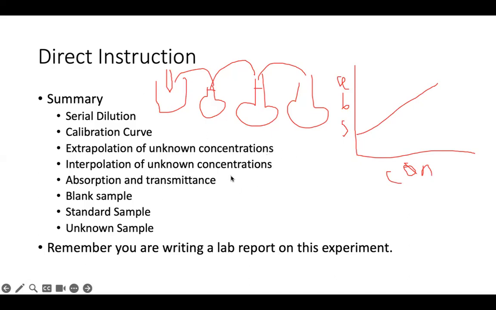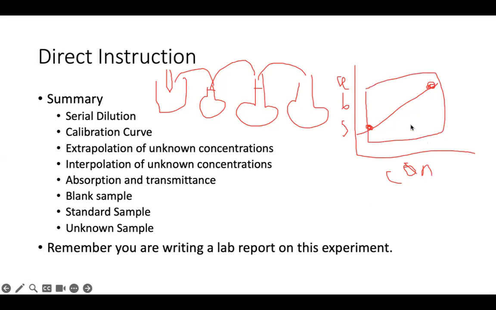There is a difference between extrapolation and interpolation. What we want to focus on is called interpolation, which is within the data. On our line of best fit, if we have standard 1 here and standard 6 here, we want our unknowns to fall in between and be on the curve. That is called interpolation.